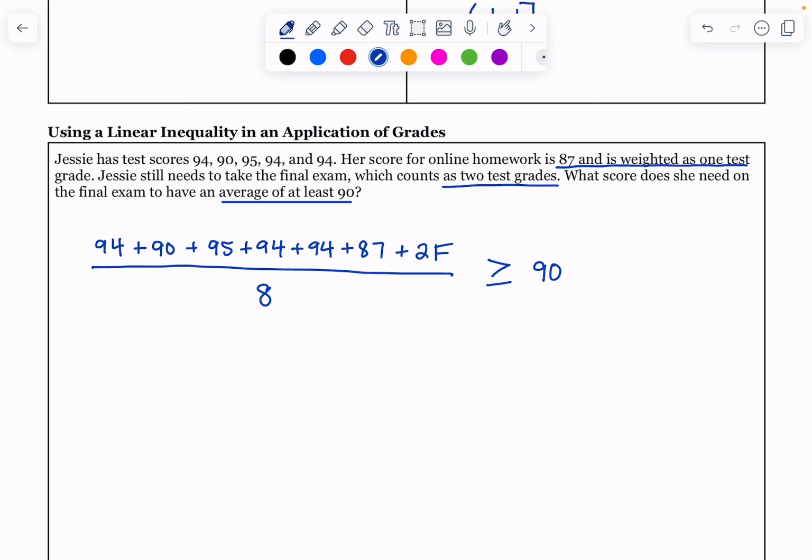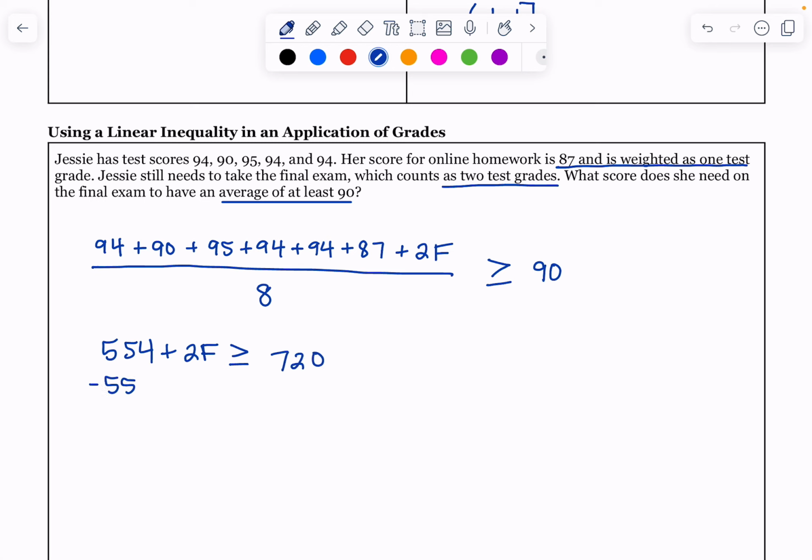So if we solve this equation, I'm going to go ahead and add those numbers up. 94 plus 90 plus 95 plus 94, 87. So we've got 554 plus 2F is greater than or equal to, and I'm going to go ahead and multiply 90 by 8, and I got 720.